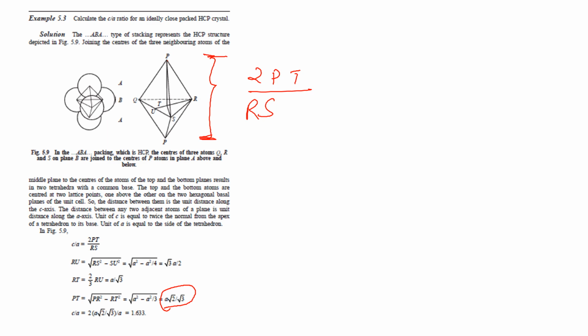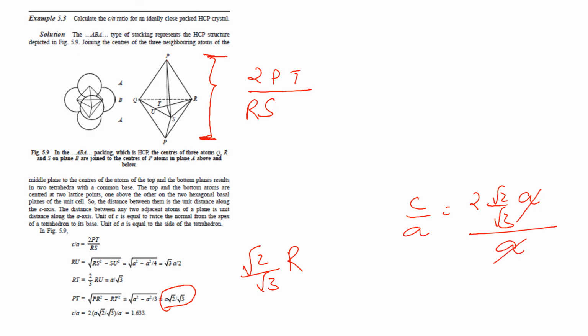I think we used the term R there to calculate. Here they use A. I think we got root 2 over root 3 times R in the previous slide. In this, they used A as usual instead of R. The lattice parameter A can be used for this. Therefore, the C by A ratio will be 2 times root 2 over root 3 times A divided by A. A gets cancelled.